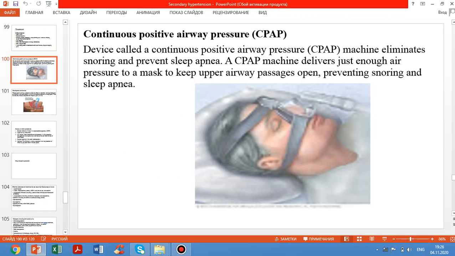Continuous positive airway pressure. A device called a continuous positive airway pressure machine eliminates snoring and prevents sleep apnea. This machine delivers just enough air pressure to a mask to keep the upper airway passage open, preventing snoring and sleep apnea.